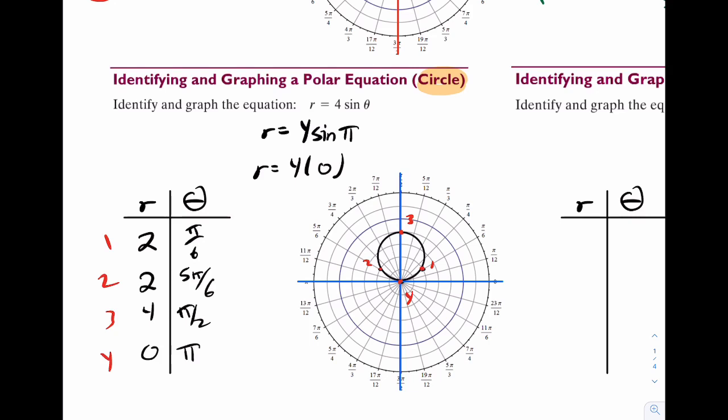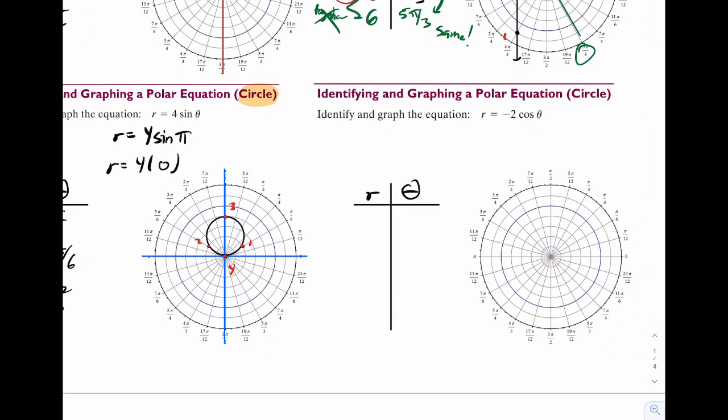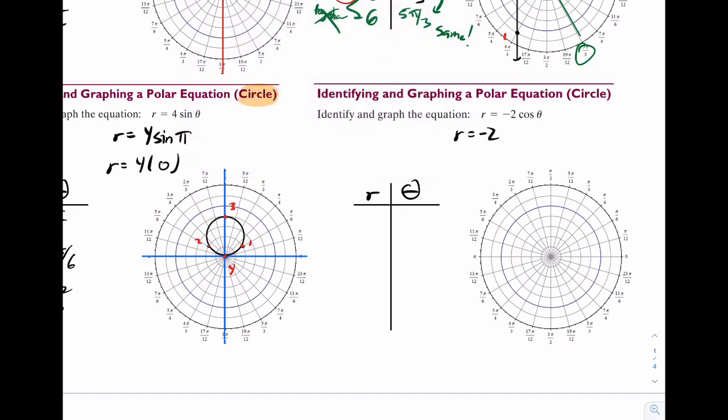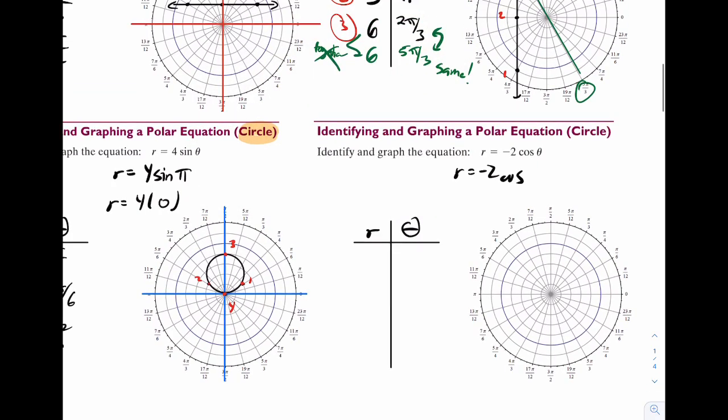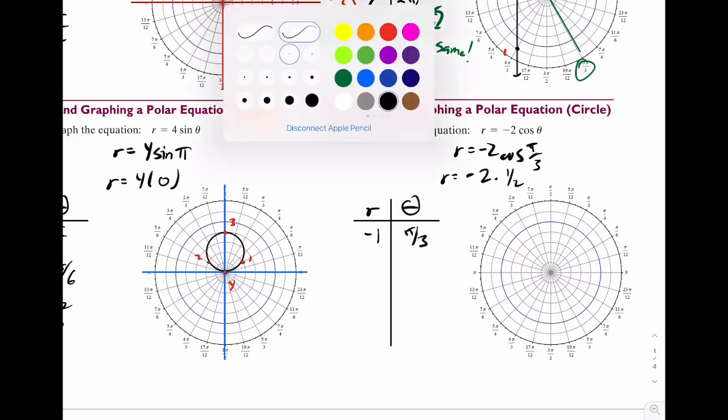Now let's do the second one, and let's see what happens. -2 cosine theta. So I'm going to write r equals -2 cosine of blank. Let's pick a good angle. I'll start with pi over 3. So -2 cosine pi over 3 is 1/2. So pi over 3 is going to make -1.